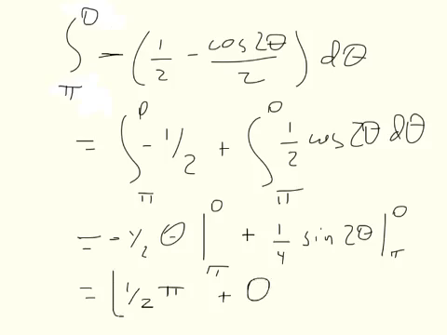So our final answer is 1/2 pi, and that's positive, which is what we were expecting, and it's also the area of half a circle, which is actually what that function was, the integral from negative 1 to 1 of the square root of 1 minus x squared. This is what the function looks like, so 1/2 pi is the right answer.